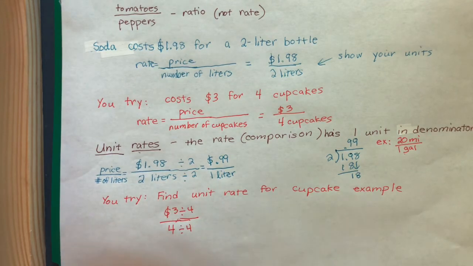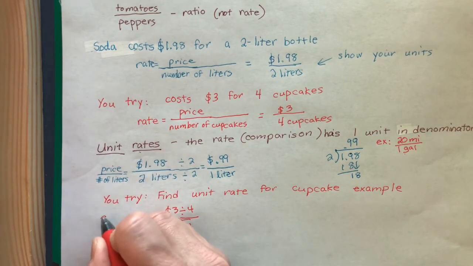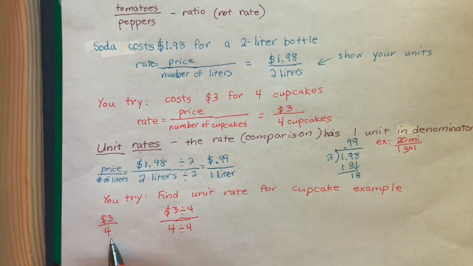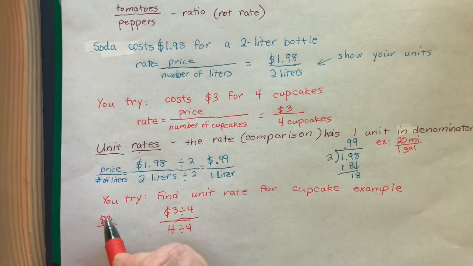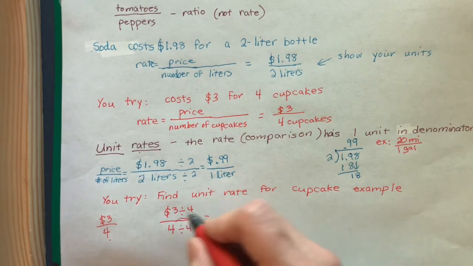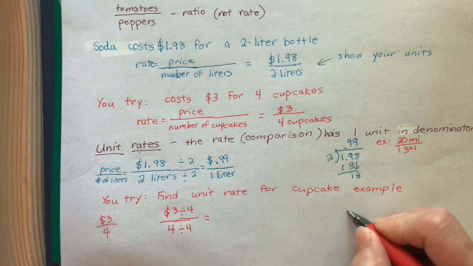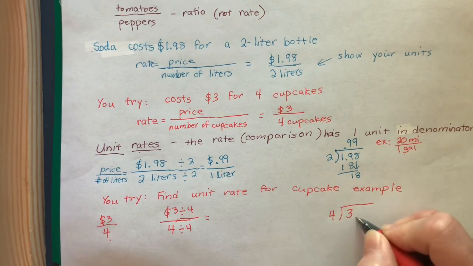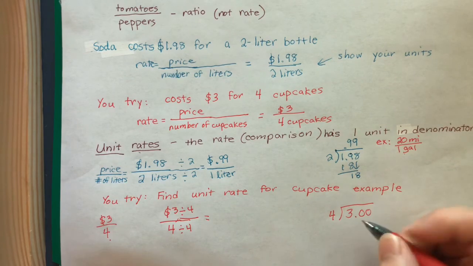Now, if you look at that, all I'm really doing, $3 to 4 cupcakes, is the division problem 3 divided by 4. I'm going to go over on the side. Now be careful.